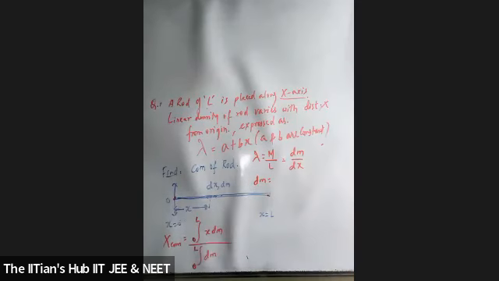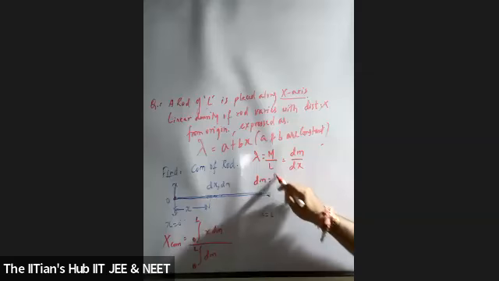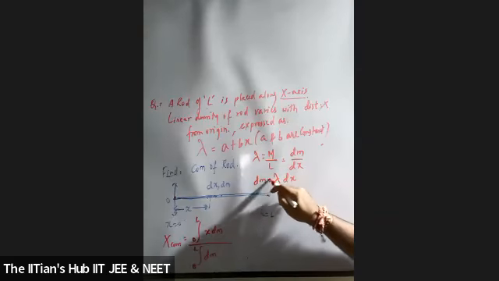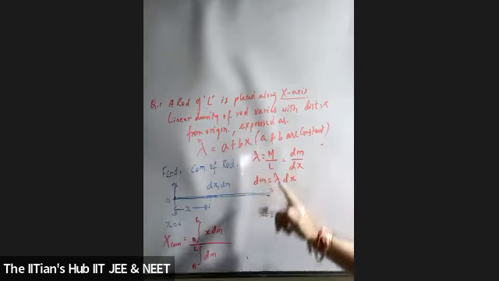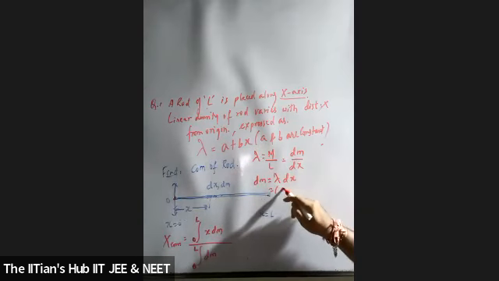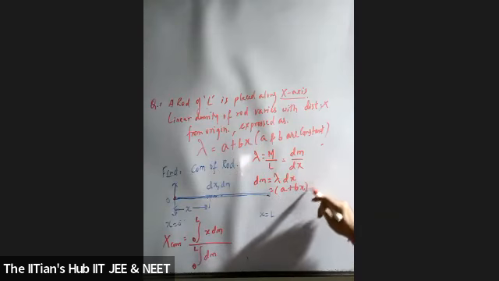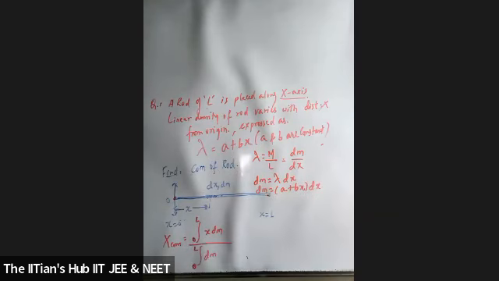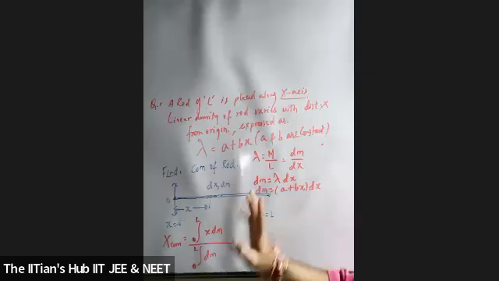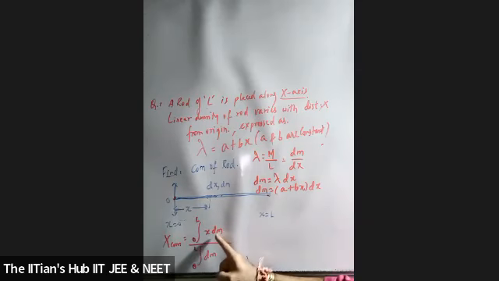What is dm? सर dm will be lambda into dx. And students, how is lambda dependent on x? तो lambda की जगह क्या लिखोगे स्टूडेंट्स? a plus bx into dx. क्या ये क्लियर हुआ स्टूडेंट्स? Yes, yes, sir. Now can you substitute over here? ध्यान से देखना, ये x वैसे ही रहेगा, dm की जगह तुम ये सब्स्टिट्यूट करोगे.